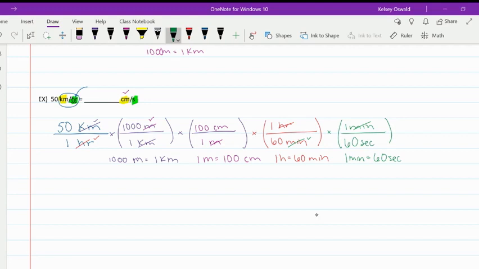Now I am left with seconds in my denominator, so I know that I am done and ready to plug it in my calculator. So remember, multiply by everything on top. So 50 times 1,000 times 100, and then divide by everything on bottom. So divide by 60 and divide by 60 again, and we should get a final answer of 1,388.89 centimeters per second.